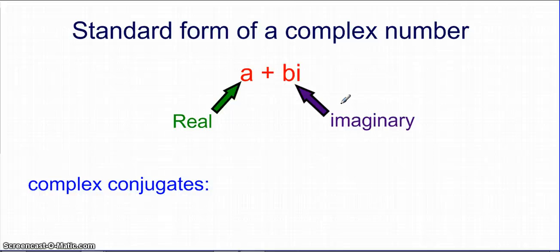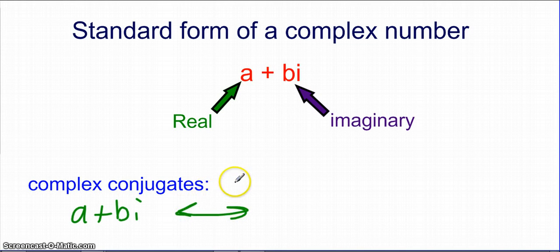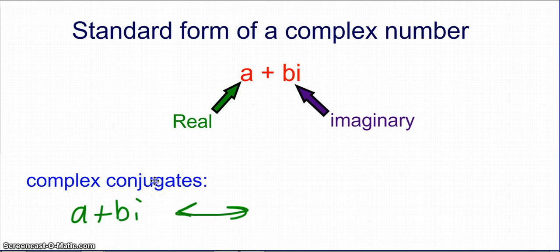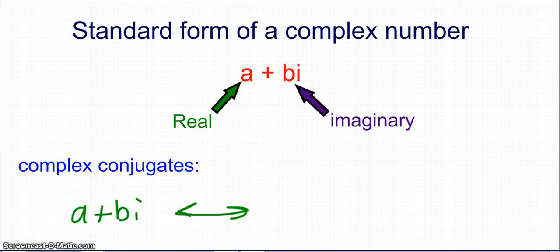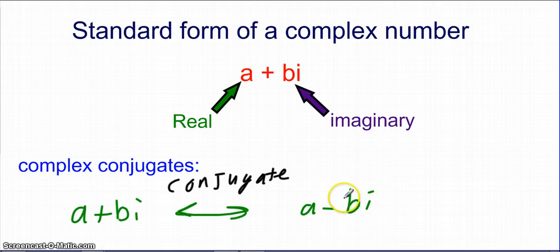The complex conjugate, so hopefully remember what a conjugate is. So if I have a plus bi, then the conjugate would be a minus bi. And vice versa. If I have a minus bi, the conjugate is a plus bi.